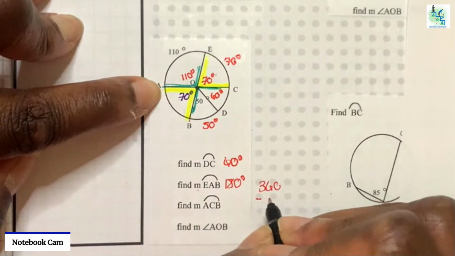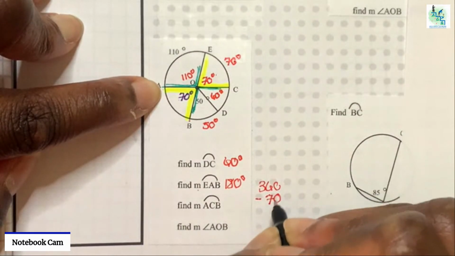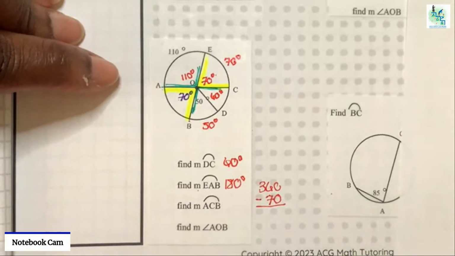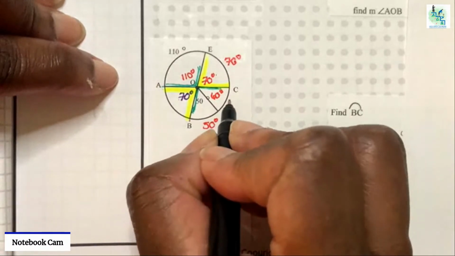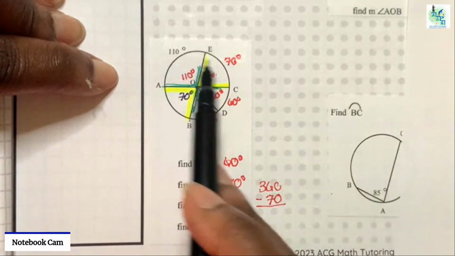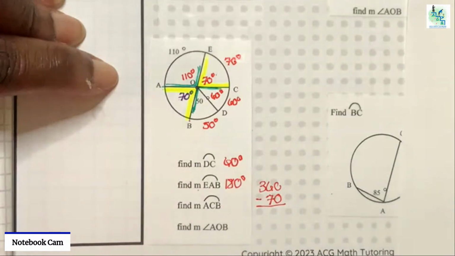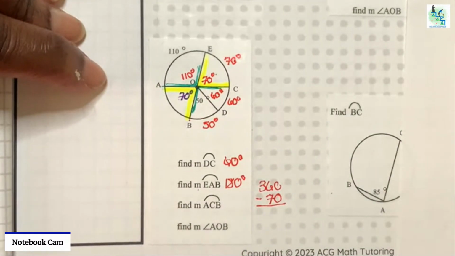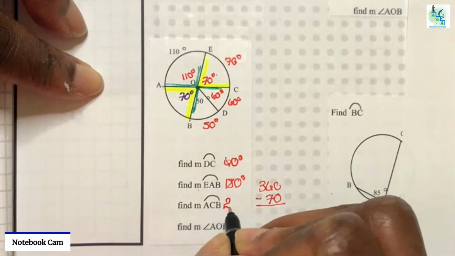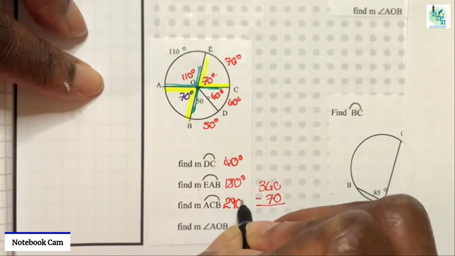So couldn't we do 360 minus 70? Or you can add them all up. You can put the 60 degrees right here. We can add the 110, the 70, the 60, and the 50, and we'll get the same answer, right? So if we do our subtraction, or our addition, we're still going to get 290 degrees.